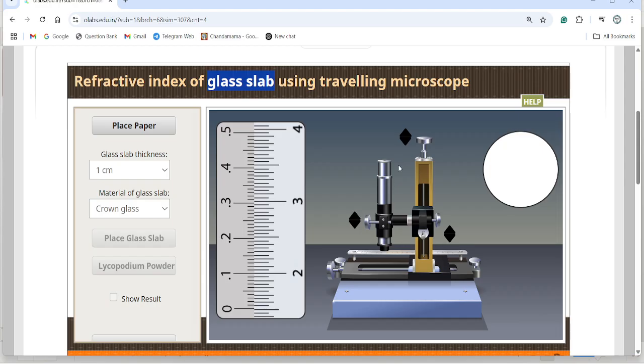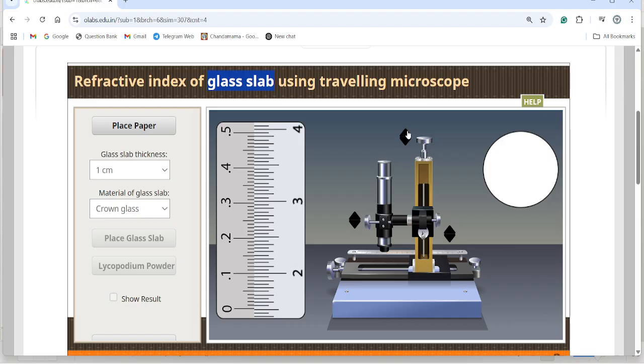When you move this microscope alone, there is no change in the scale. See, I am moving the microscope up and down by using this screw. You can see this is one screw and this is another screw. When you rotate this screw, you can move the traveling microscope up and down.